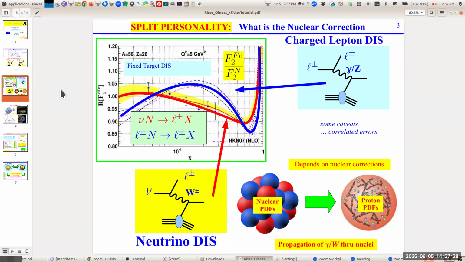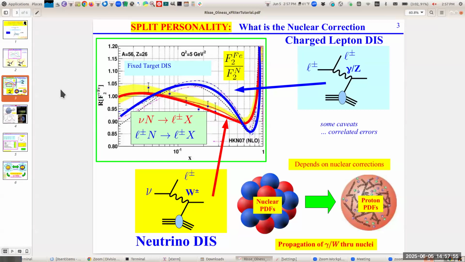And that's the cartoon there. We got these two different answers. On top of this, the strange quark is already hard to get, but because we had to do it on a heavy nuclear target and correct it back to proton, that was a double problem.